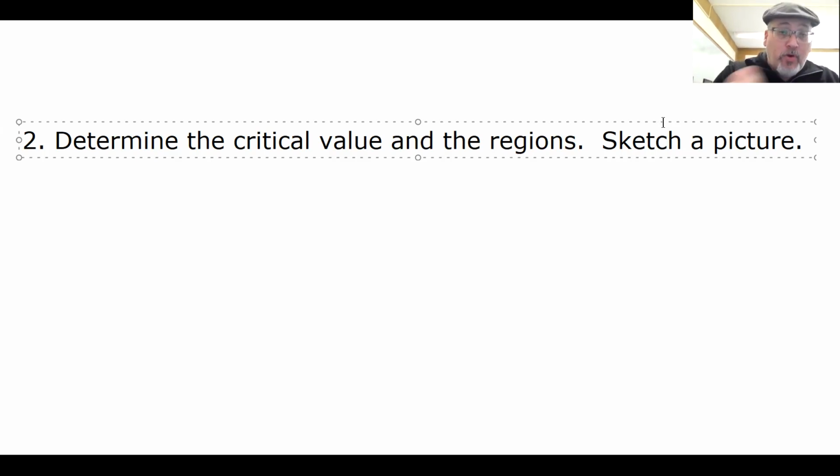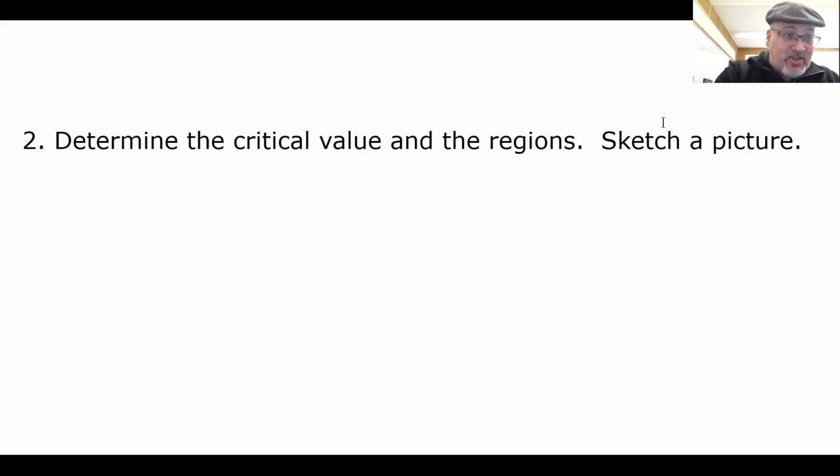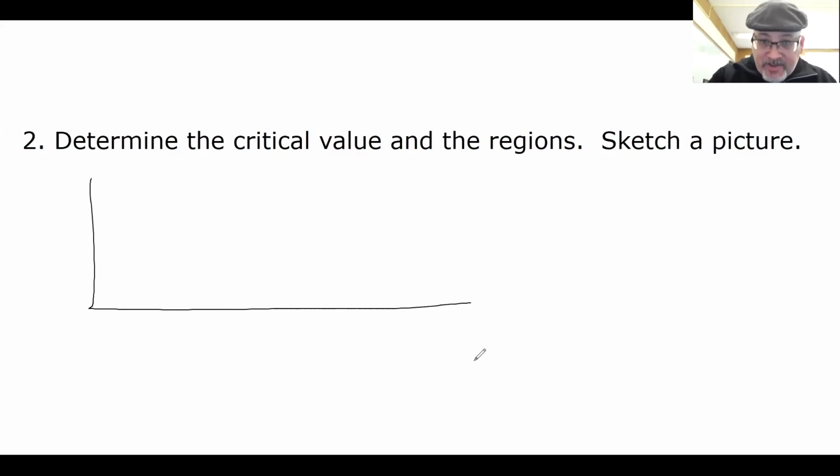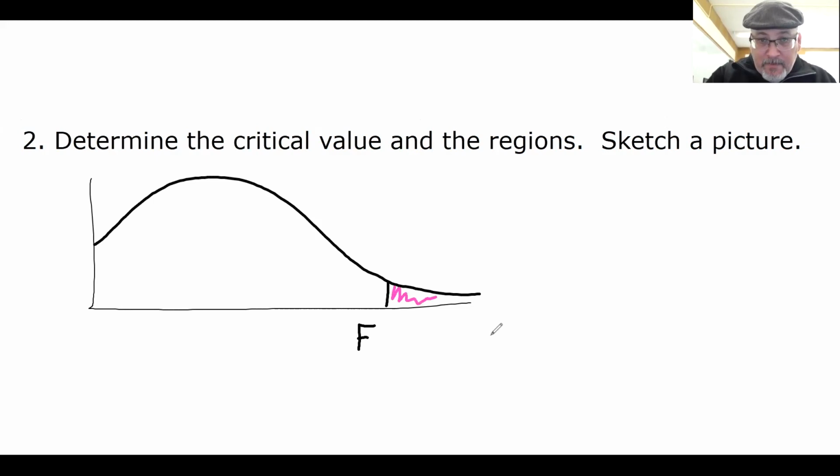The F distribution will be a right tail test. Here's our F distribution. I'm going to shade in the right tail. Being a right tail test, that means that this would be our rejection region. And of course, on the left of the critical value would be our non-rejection region.